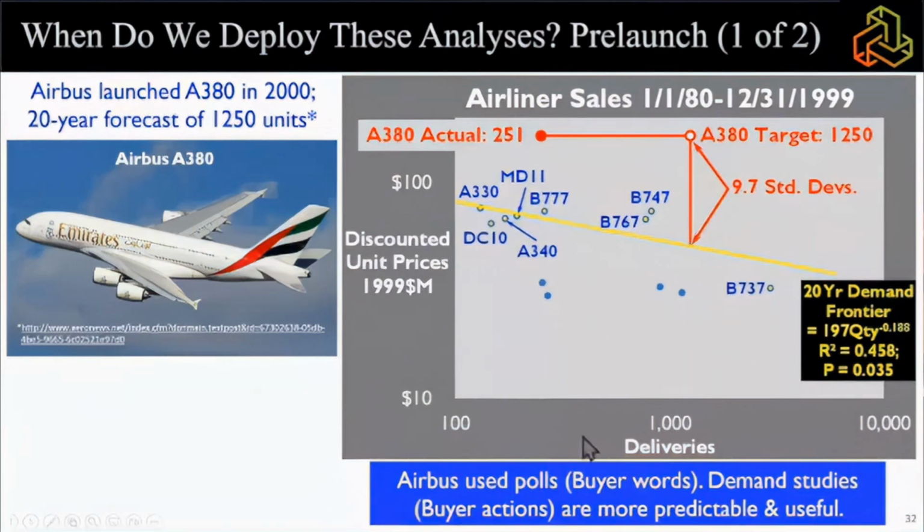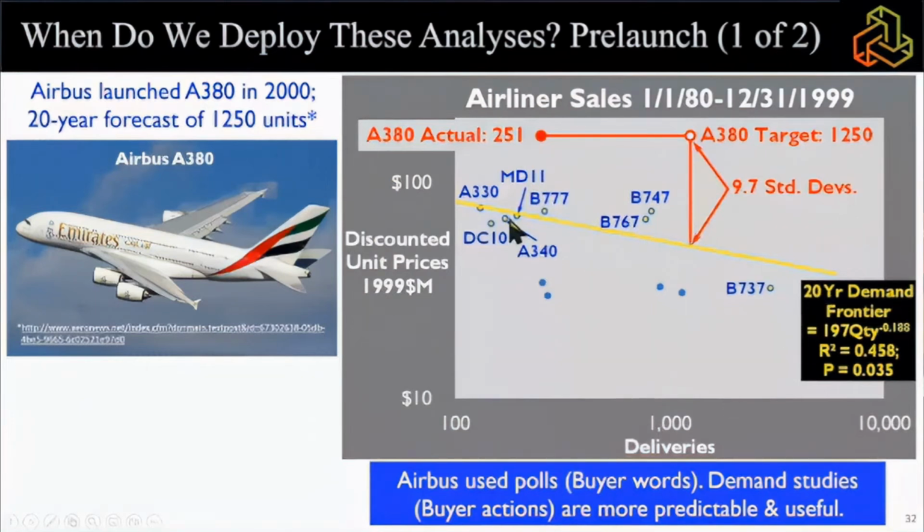So Airbus used polls. They basically said, what would you buy? They're asking people what they would do, and they're taking the words of the buyers. But demand studies such as this look at the actions. And I submit, and the market's submitting here too, that the actions are more predictable and useful than the words of the customer.